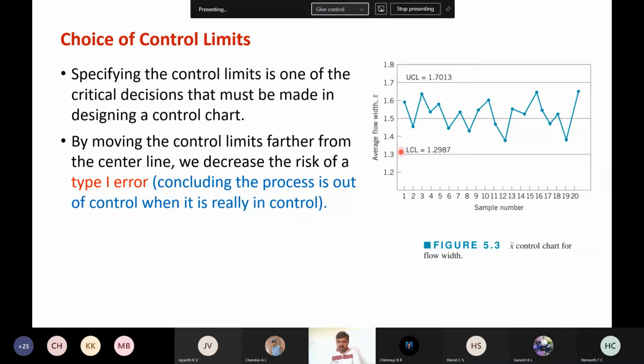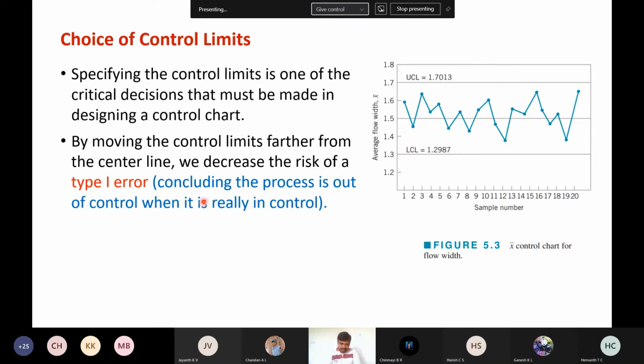So if you fix the upper control limit and lower control limit nearer to the center line, there is more possibility that you may get a few points out of the limits if the control limits are narrow. But the process may be in control, because you are fixing these control limits to a value nearer to the central line, so you are getting some points beyond that, but actually the process may be in control.